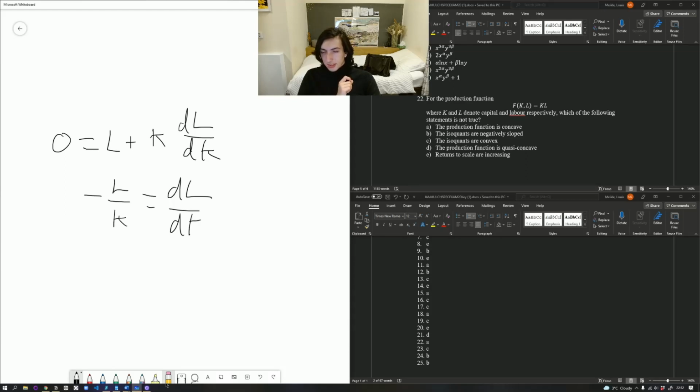Then doing it for a second time, you would do 0 is equal to... because you're essentially differentiating the minus k to the minus 1 here, it's going to become k squared.